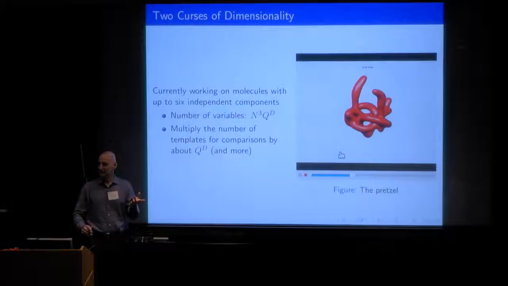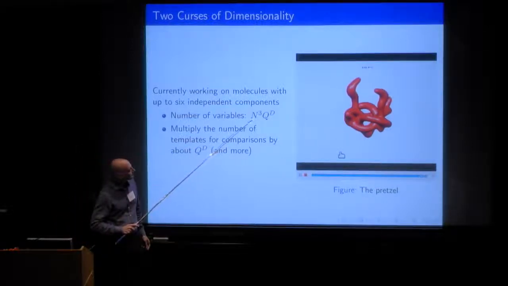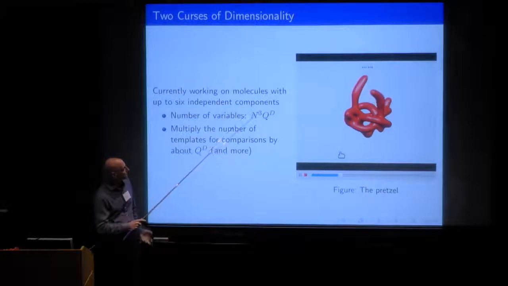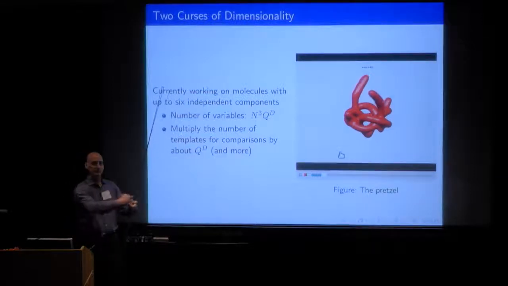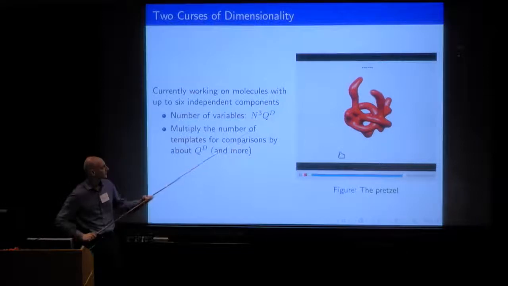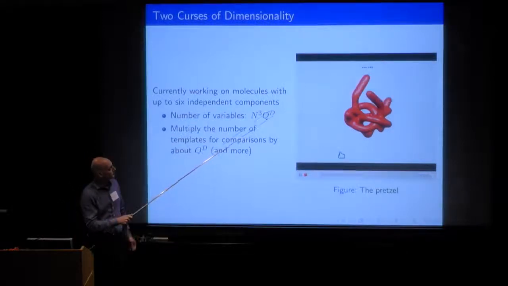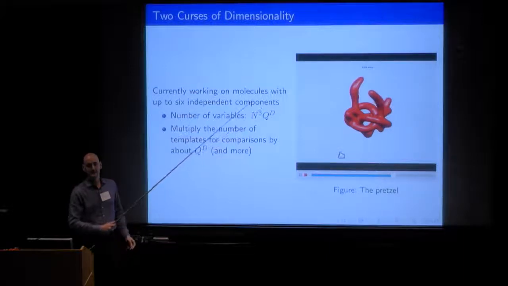It just doesn't make any sense. The reason is the number of coefficients: if we think of this as voxels, we have n cubed voxels, and if we think about the way we represent the functions, the degree of the polynomial, suppose it's q, and then we have d dimensions, this grows exponentially fast.